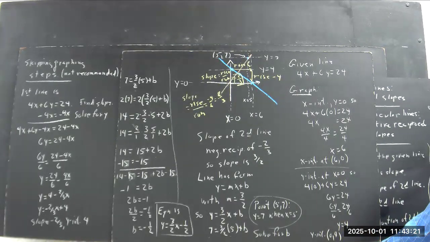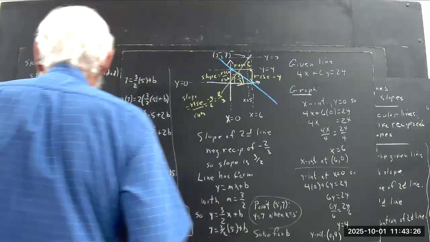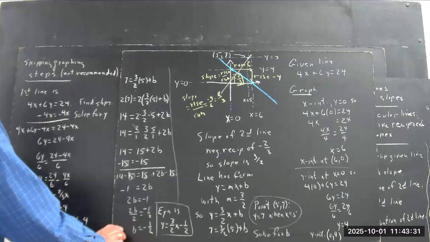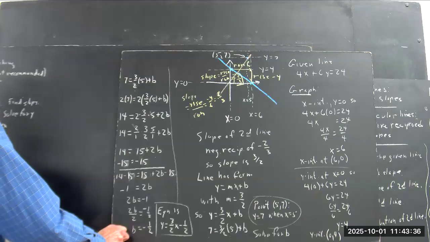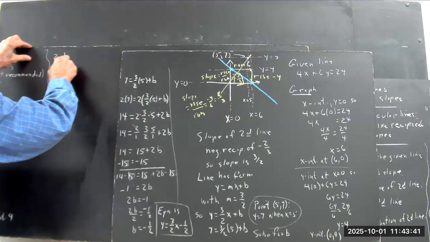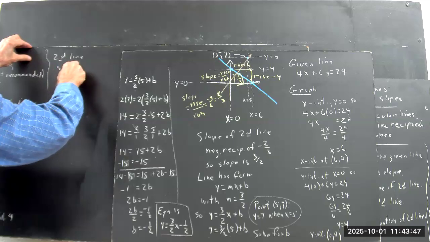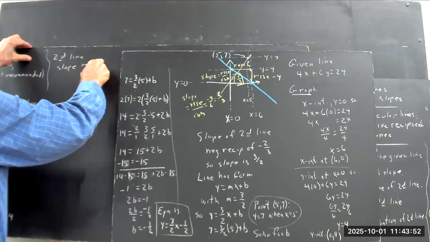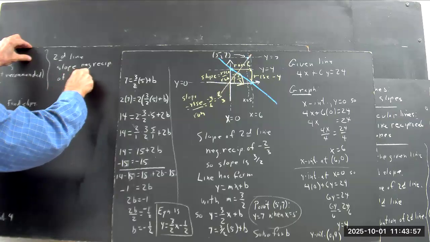Now, from there, the slope of the second line. Slope is the negative reciprocal of negative 2/3.